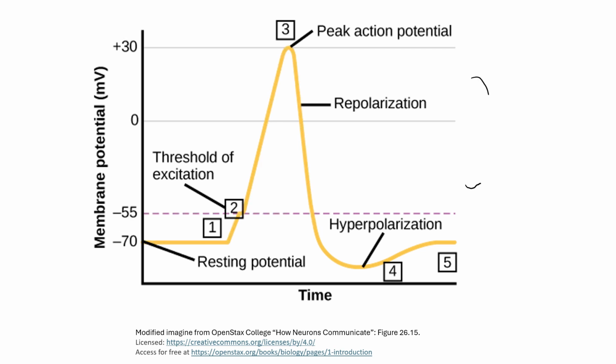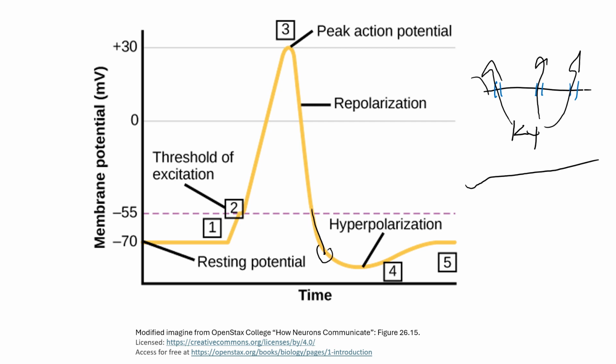What happens next is that potassium is going to continue to leave through these voltage-gated potassium channels. And as potassium continues to leave, the interior continues to repolarize.